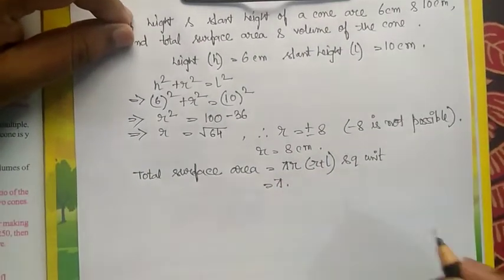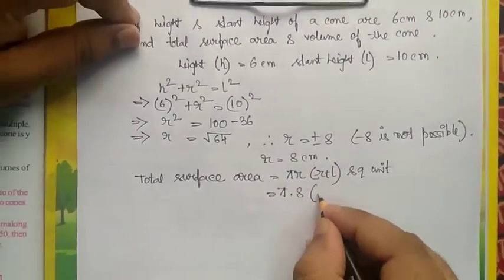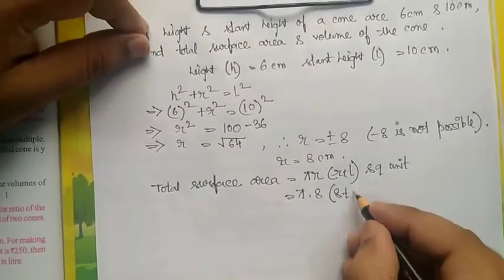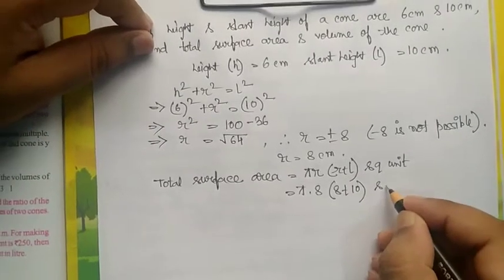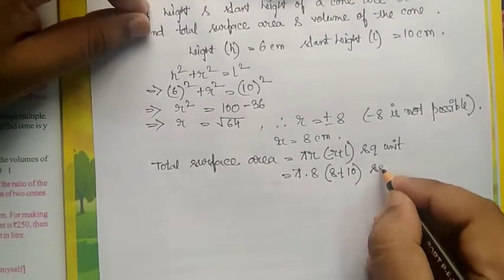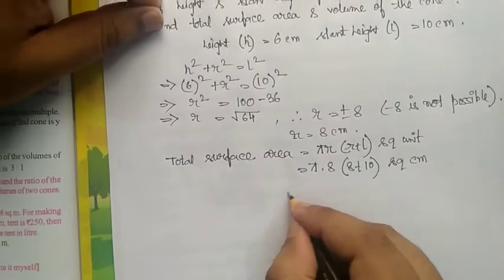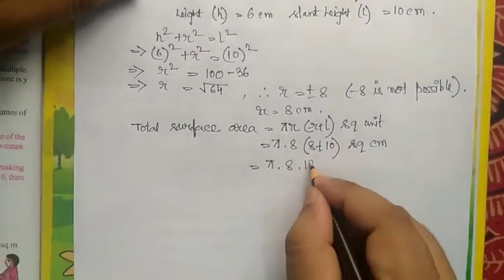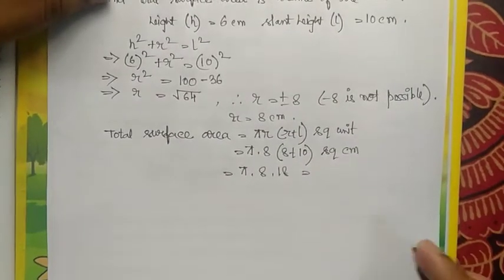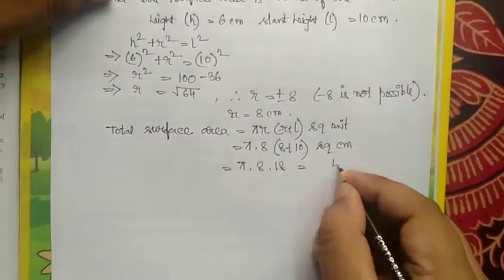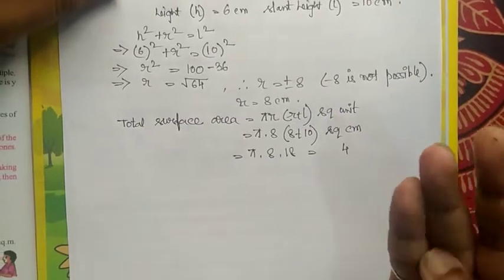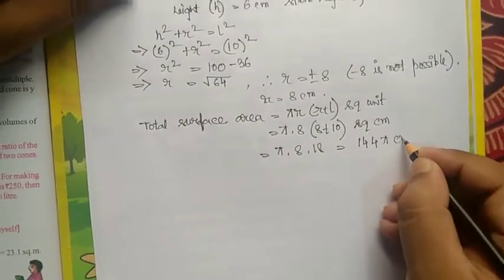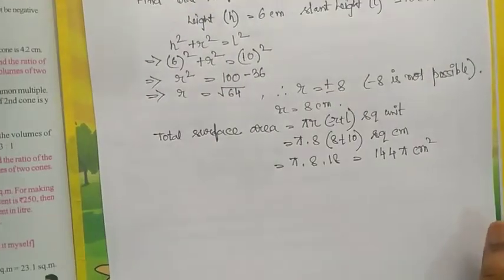Should be pi r, here 8, plus L, which means 10. Eight plus 10 is 18. So the total surface area should be 144 pi centimeter square.